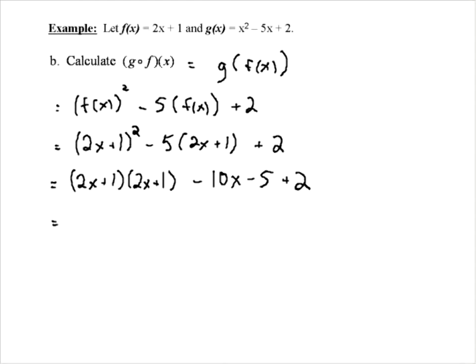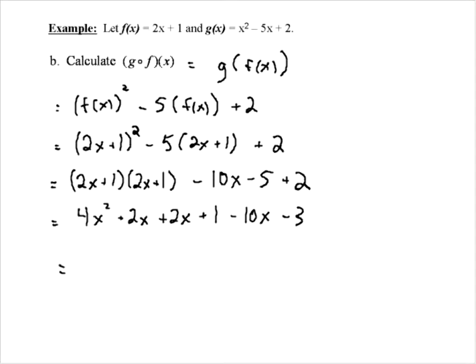So now we can expand this out, and we're going to get 4x squared plus 2x plus 2x plus 1 minus 10x minus 3. Just combine that negative 5 and that 2 together.